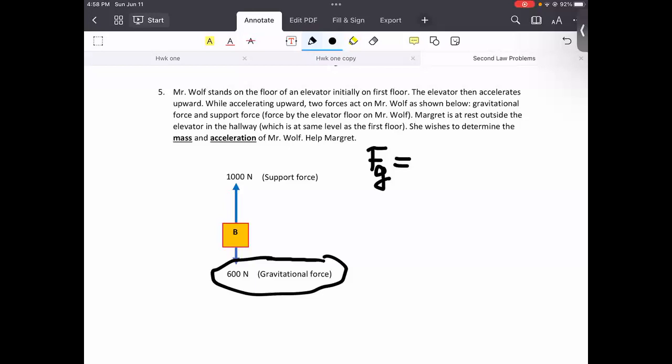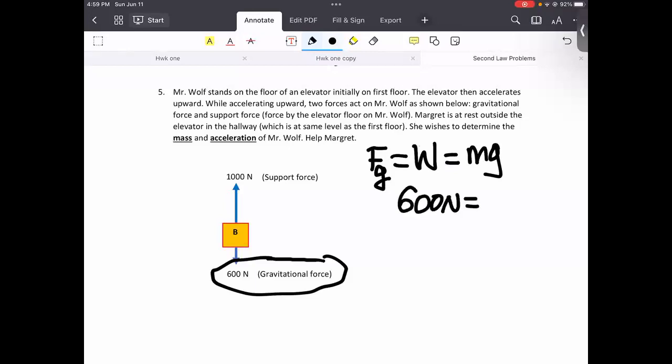Most of the time, gravitational force is also the weight of Mr. Wolf. That's the weight, W, right? So if weight is mg, or gravitational force is mg, then I can go ahead and say that this is 600 newtons.